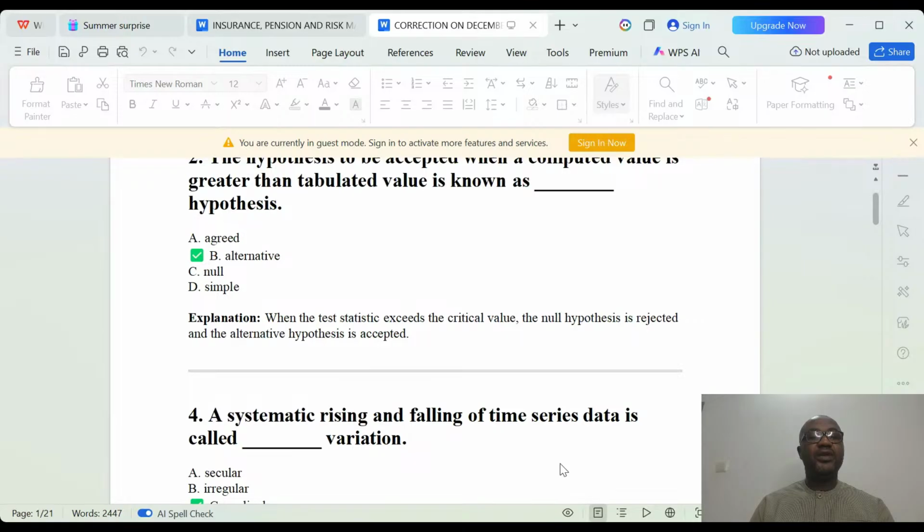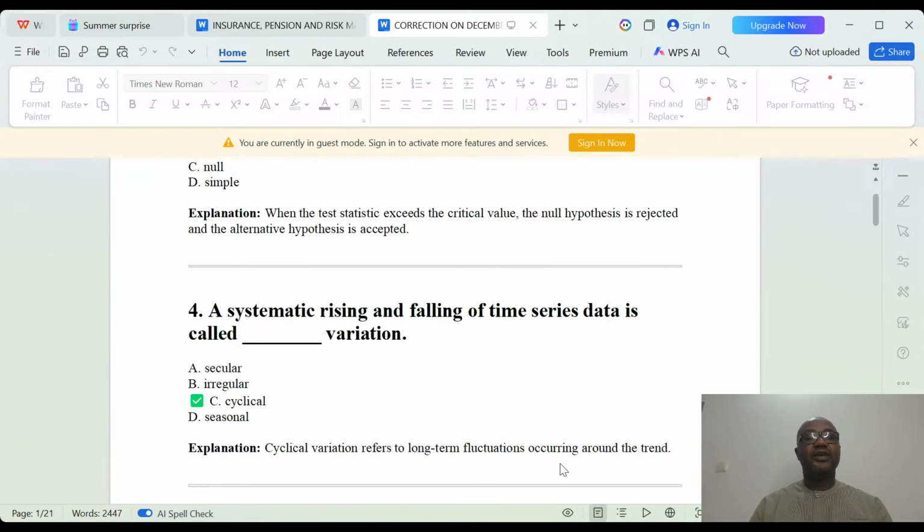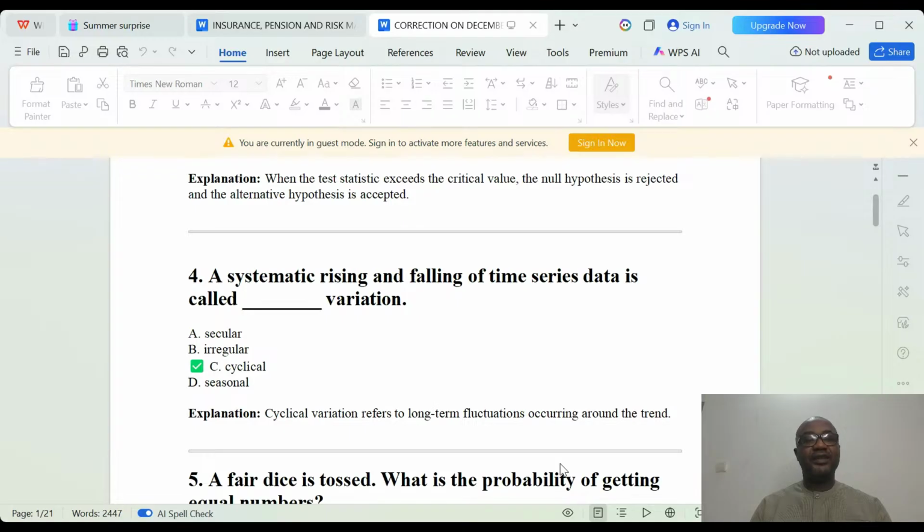We look at the next question, talking about a systematic rising and falling. This also was discussed yesterday. We can see a lot of repetition is occurring here. A systematic rising and falling of time series data is called cyclical variation.